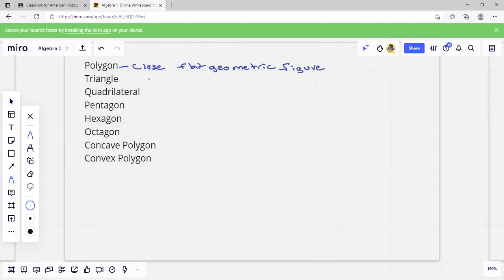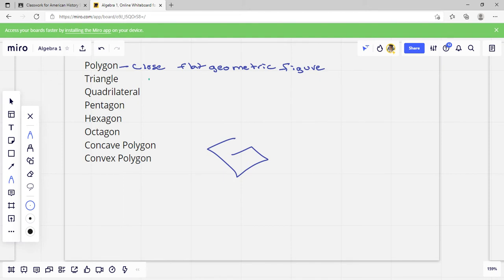Okay, so what does it mean by closed? Well, if we have sides, and it doesn't matter how many of them, as long as they're straight lines. That wasn't very straight. So like a square, right? That would be a polygon because it's closed. Things that wouldn't be polygons, so if we had that, see how it's not closed?